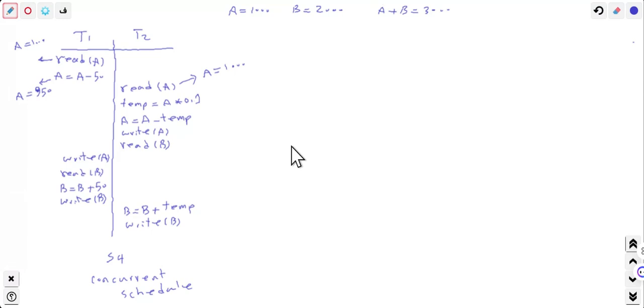When T2 reads A, it sees the previous value of A, which is 1000. Then temp will be 100. Then A is reduced by temp. A will be 900.